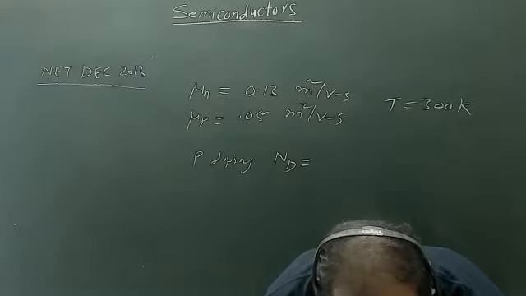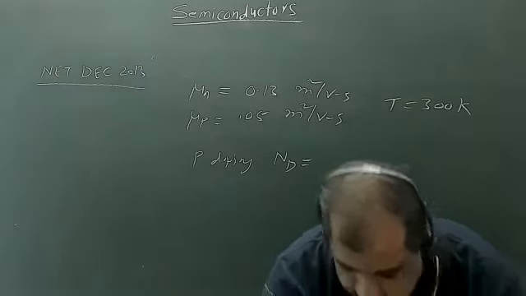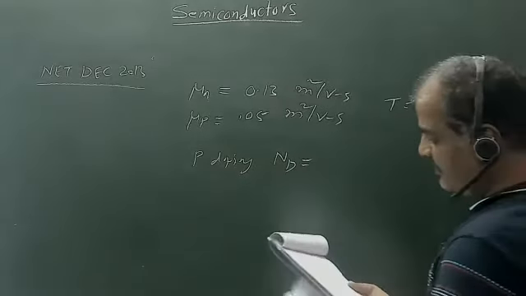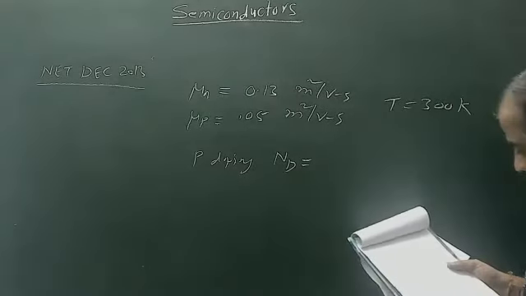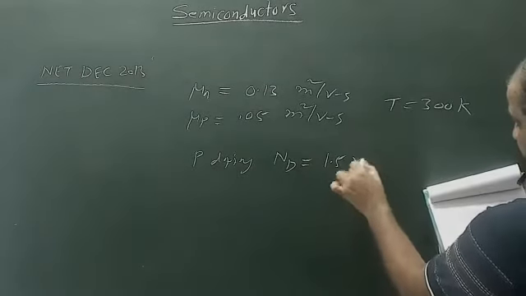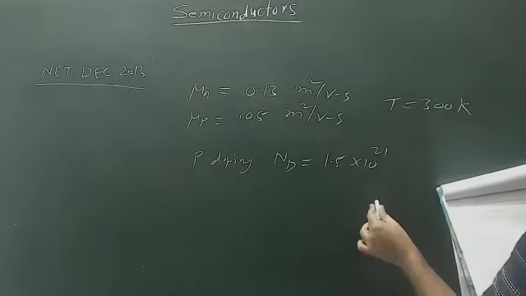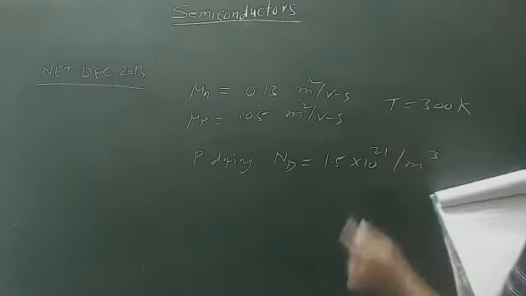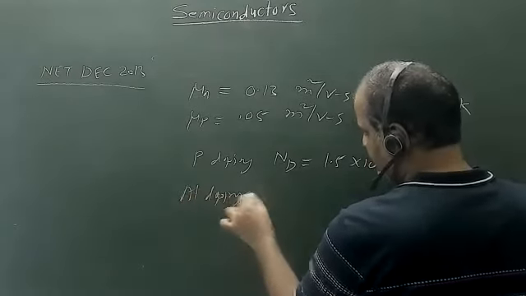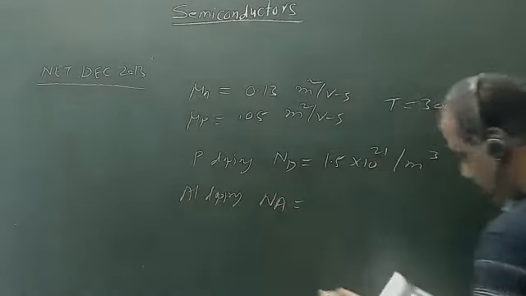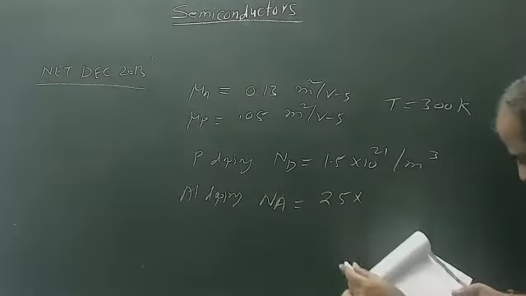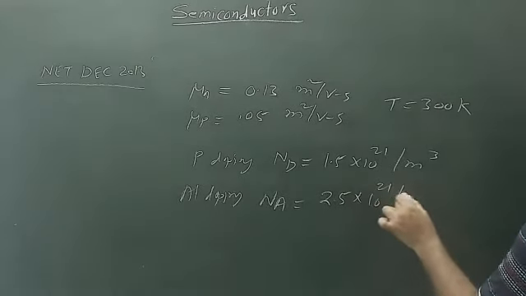Just give me 1 minute. It's not working. Okay. So phosphorus is a fifth group element. It's a donor impurity, and donor impurity concentration is given as 1.5 × 10⁻21 meter cube, and aluminum doping, which is acceptor impurity, it's given as 2.5 × 10⁻21 meter cube.